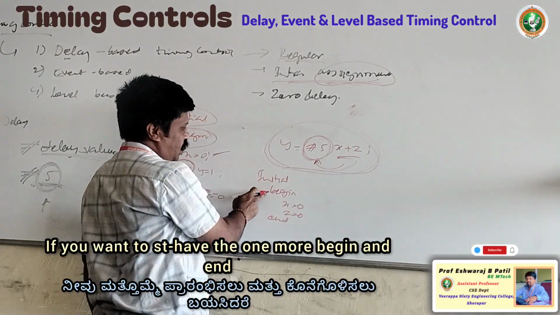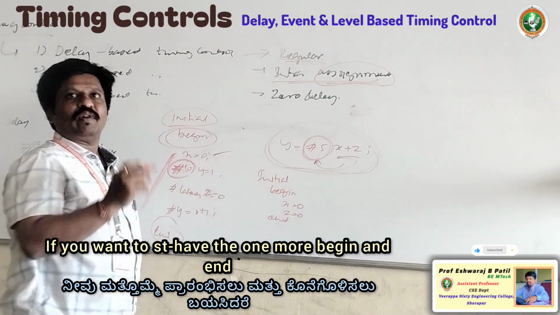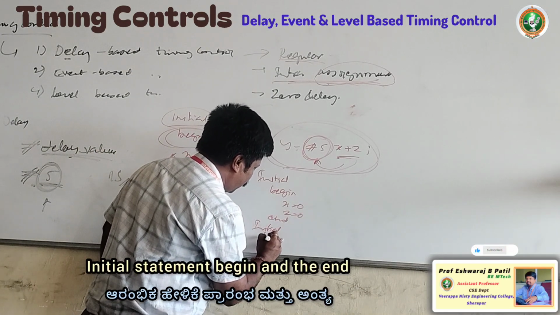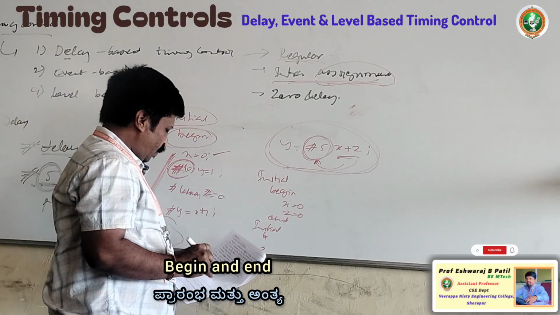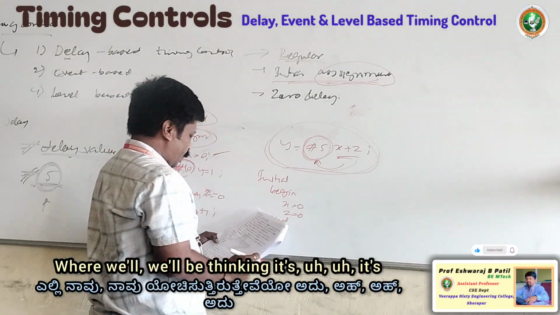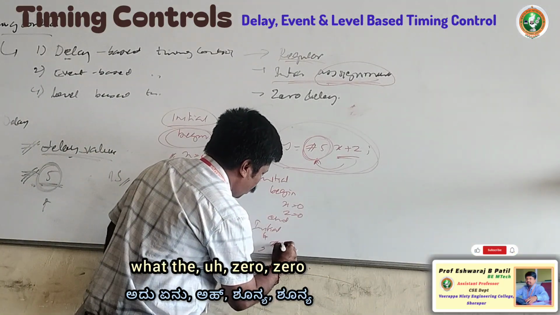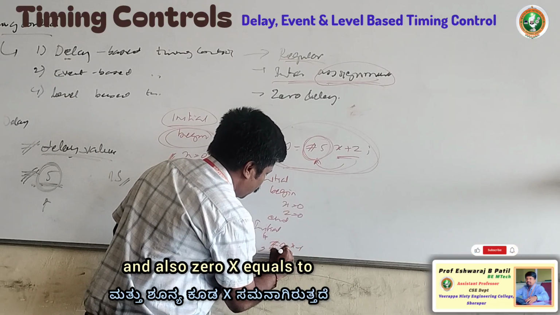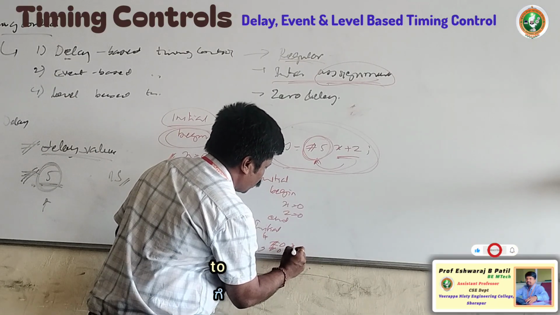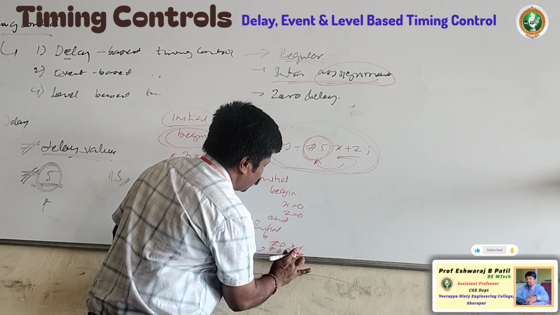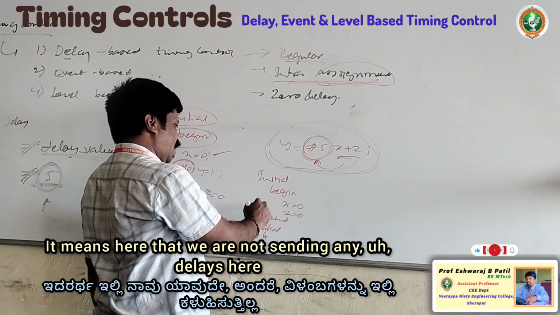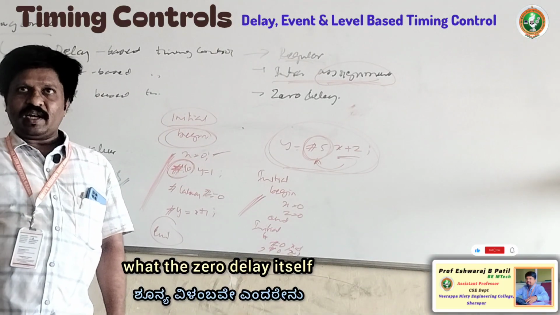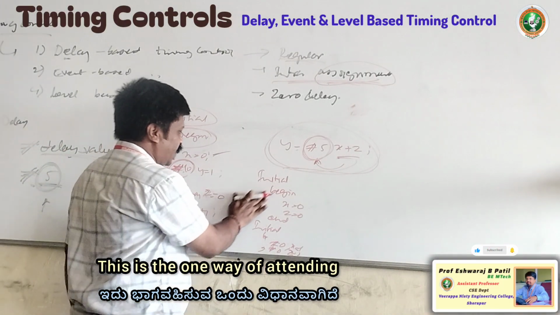If you want one more begin and end, you again write an initial statement, begin and end, with x equals to 1 and z equals to 1. We are not sending any delays here, just the zero delay itself.